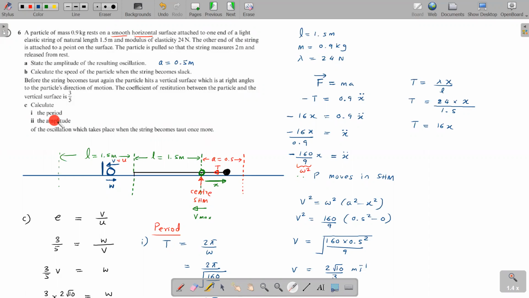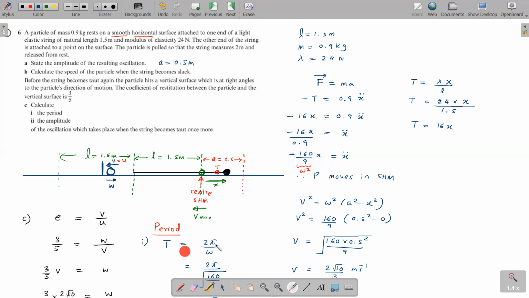Over here the period means the time taken to move under SHM, so you don't need to worry about the volley. All they are saying is, with the new speed, the new V max, what would be the periodic time for the new motion? That's why I found the time taken for a complete oscillation under SHM. So they are asking you to calculate the new period.